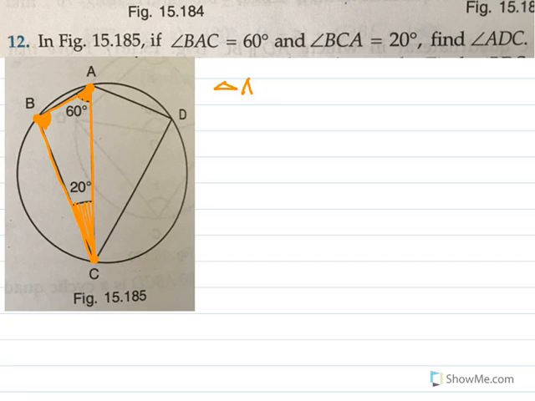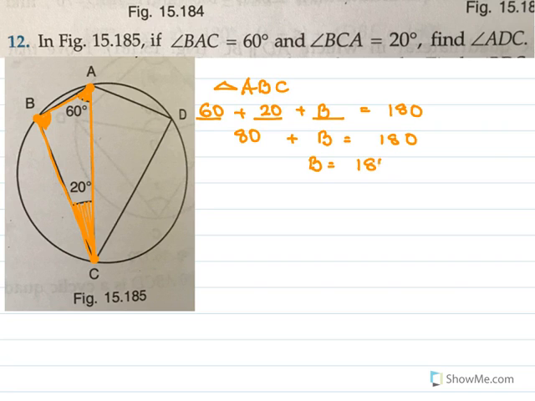So in triangle ABC, 1 plus 2 plus 3 is 180. That is 60 plus 20 plus B is 180. 60 plus 20 is 80. 80 plus B is 180. So B will be 180 minus 80, so B will be 100.